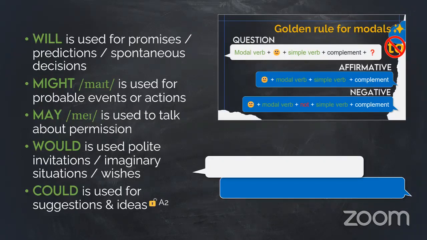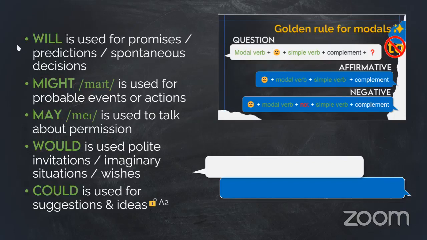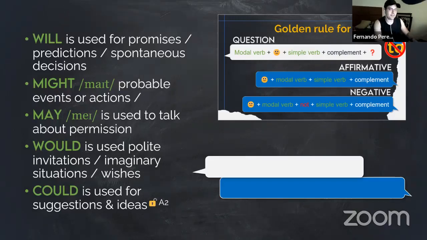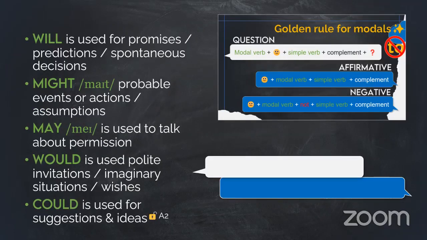In that case, that's correct. So you can make assumptions with might. Okay. Probable events or actions. Oh, that was an interesting input. Assumptions. Yes, that was very good.